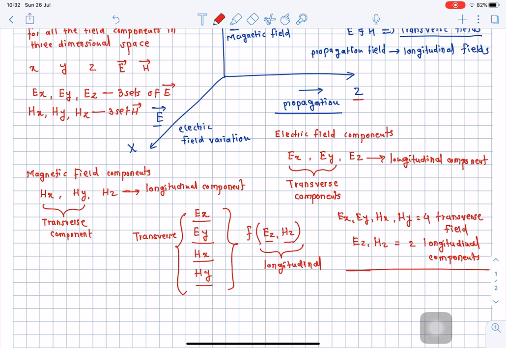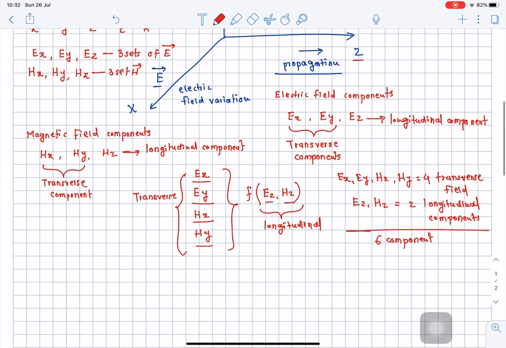In total, we get 6 components. Here we want to develop the equations for the transverse field components in terms of the longitudinal field components, and that is the objective of the derivation.